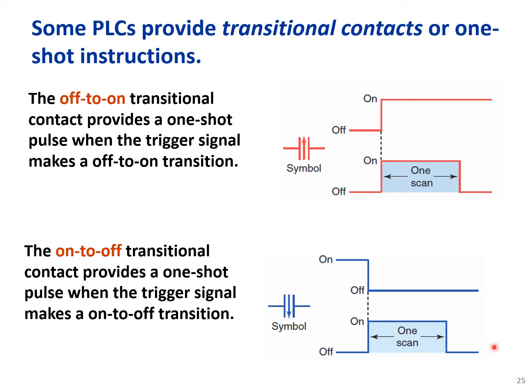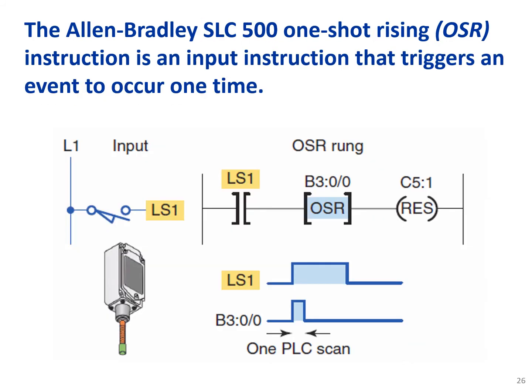For both of these cases, it stays on for one cycle. The difference is the way they are triggered. The first one, the signal should go from off to on, and on the second one, it should go from on to off.